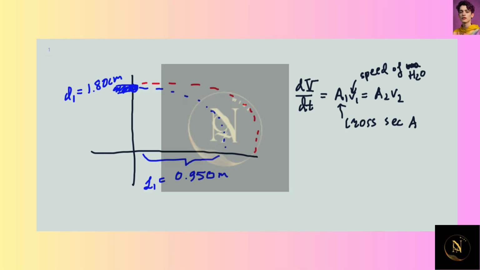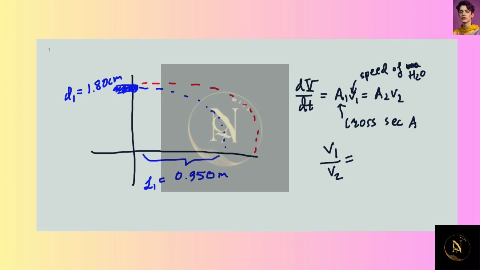Now, in this problem, we can definitely compute A1 and A2, but we cannot compute V1 or V2. So this means that we'll only be able to establish a relationship between V1 and V2. So I'm going to rewrite the above equation in a manner that basically establishes a relationship in terms of ratios between velocities and areas.